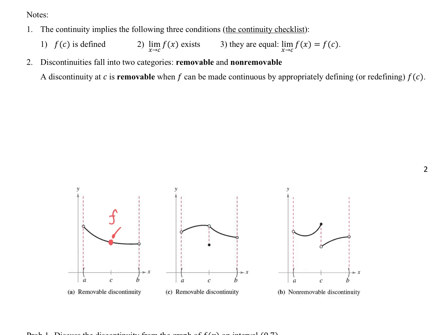The second one is also removable because even though f of C is defined, we can redefine it so that f of C is equal to that value, and then the discontinuity will be removed. However, for the last case, regardless of how you define f of C, there's no way that you can fill in this jump. So this is an example of non-removable discontinuity.